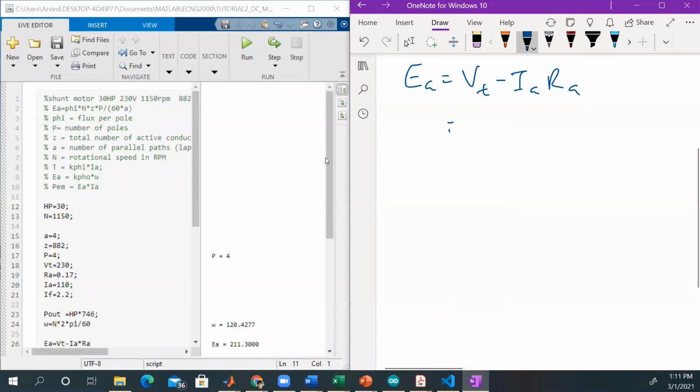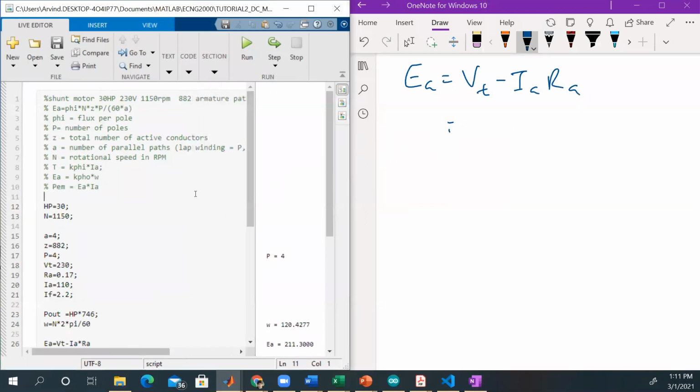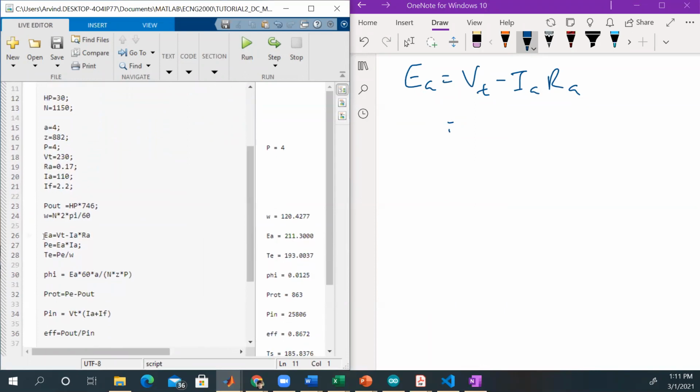EA, we worked it out as 211. PE, we get PE as 23.24 kilowatts. And then we divide PE divided by omega. Omega is what we worked out here, 2 pi n over 60. And when we work out the torque, we get 193 Newton meters.